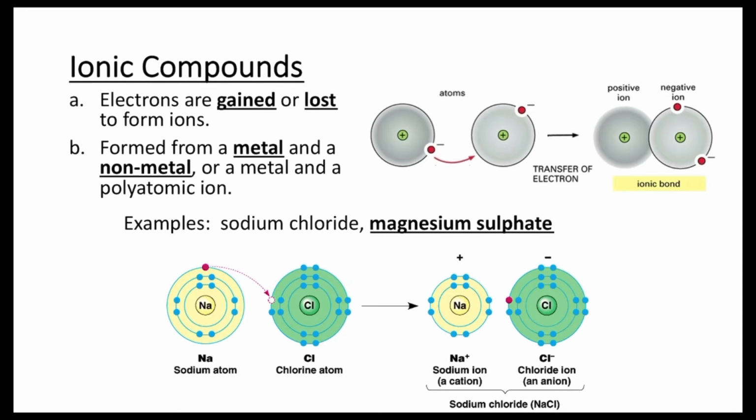Notice that second element, when we get to naming of compounds, the ending, chlorine, becomes chloride. And this is how you end up with sodium chloride, which is NaCl, as a compound together. So examples here, again, are sodium chloride and magnesium sulfate.